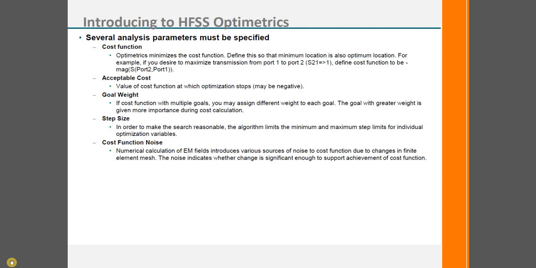It may be positive or it might be negative. You can define it. Also, you can define the goal weight. If you have several cost functions, you can order or prioritize them, or you can define the step size of the optimization process.